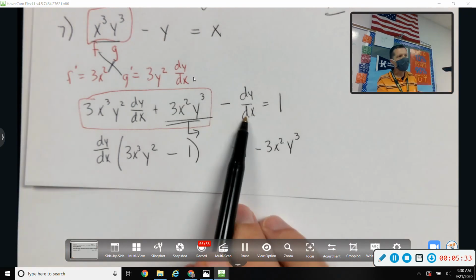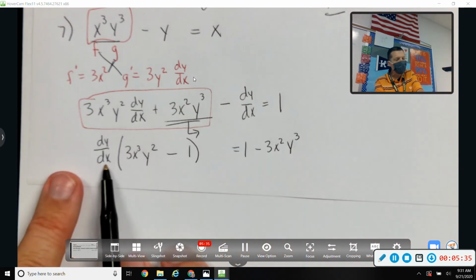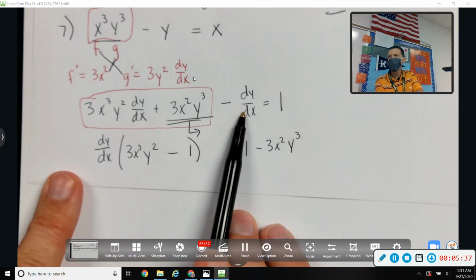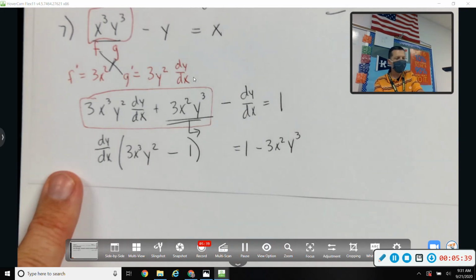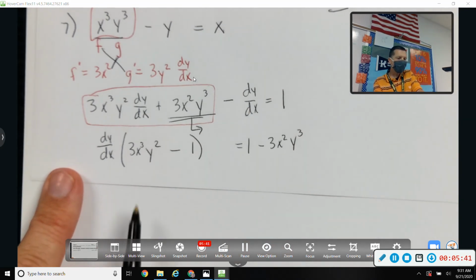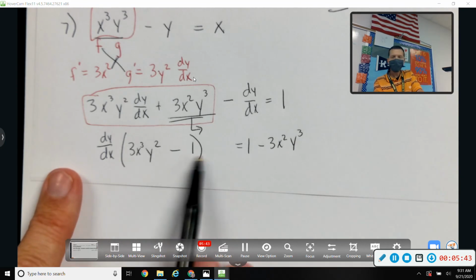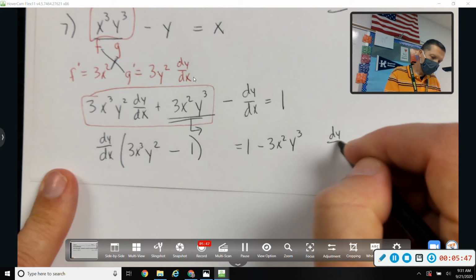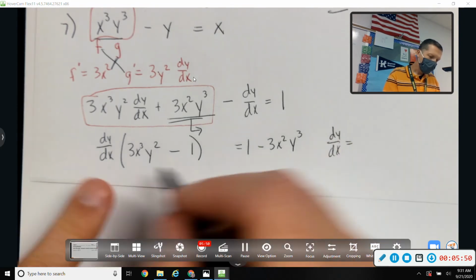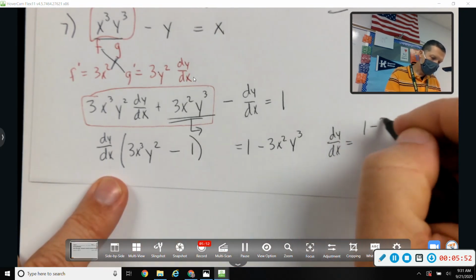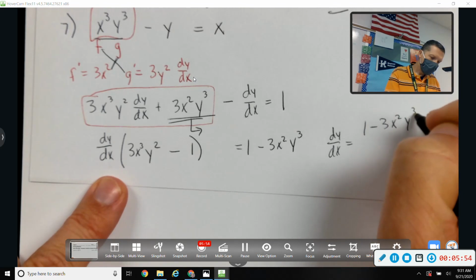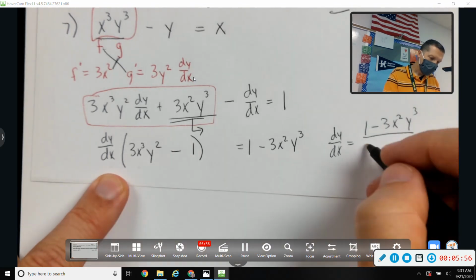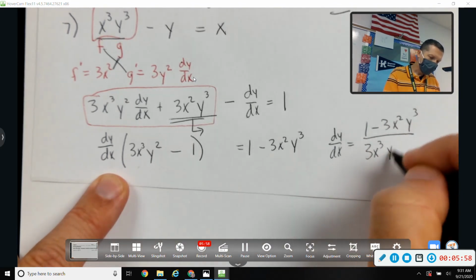Right, so kind of a placeholder 1 there, so that when I distribute dy dx, I get my minus dy dx over there. Still not done, not even a safe stop yet, because I have to get dy dx by itself. So I'll divide everybody by 3x cubed y squared minus 1.